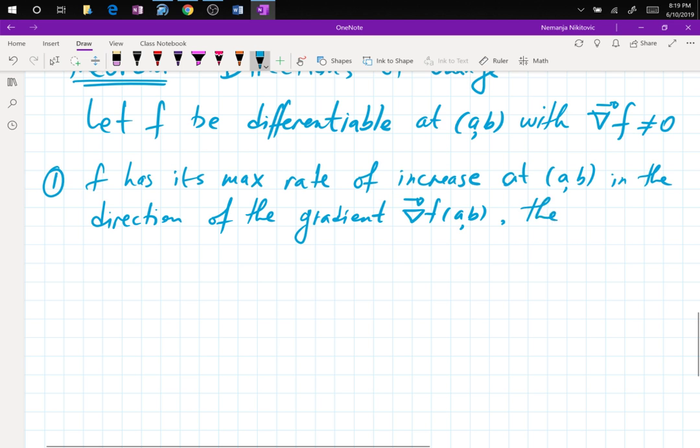The rate of change is the magnitude of the gradient.